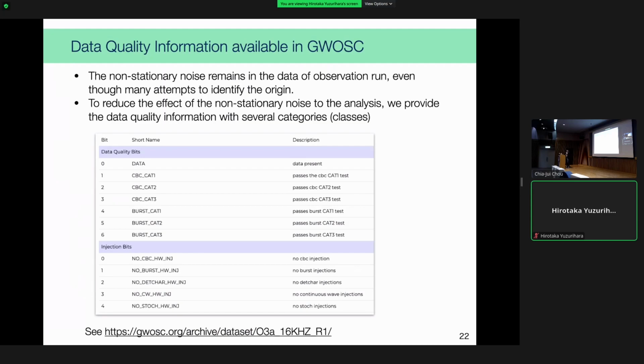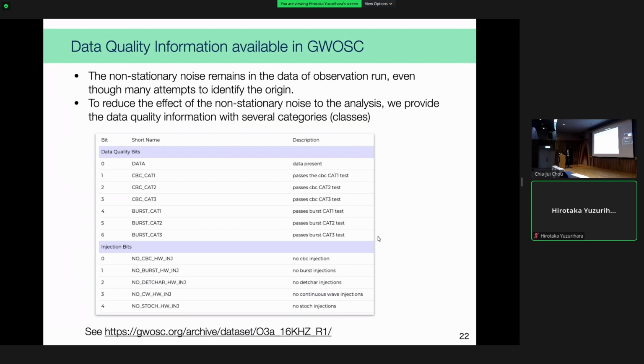But still, some non-stationary noise remains in the observation run data. To reduce its effect on the analysis, we provide data quality information with several categories. This is a list of the data quality information.